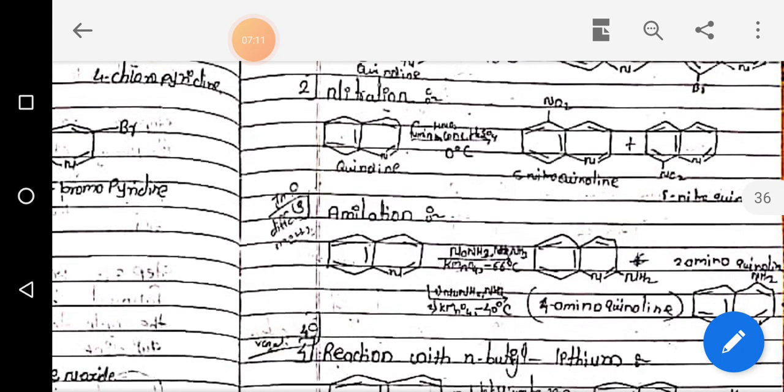Next is the nitration reaction. In the nitration reaction, we use quinoline along with concentrated H2SO4 at 0 degrees centigrade.